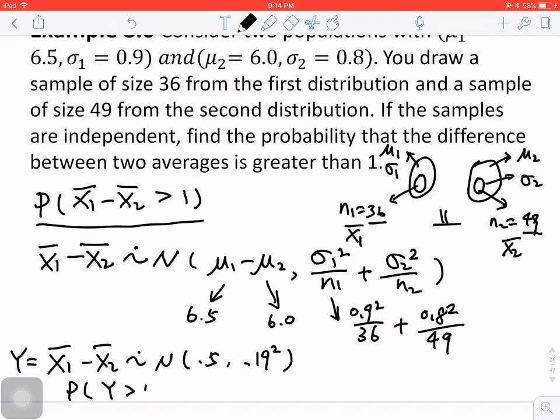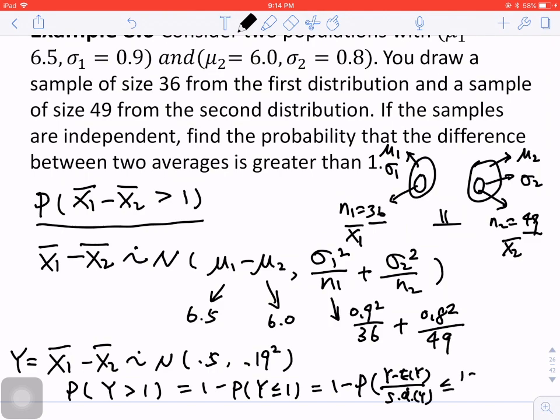In order to get the probability that y is larger than 1, you can use the z table again. So this is equal to 1 minus the probability that y is smaller or equal to 1. I will transform this y to z using the formula.